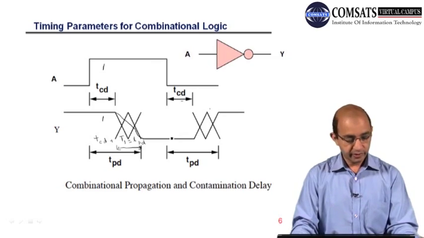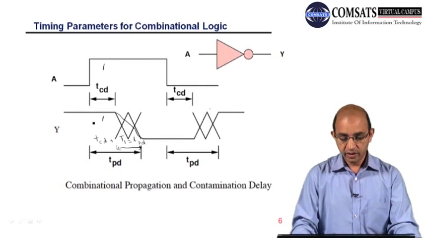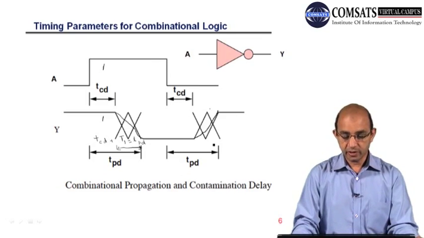That's what we have defined: the amount of time needed for a change in a logic input to result in an initial change. That is the initial change. And then from here to here you can see we have another amount of time, and that time plus this time is the TPD, the propagation delay.